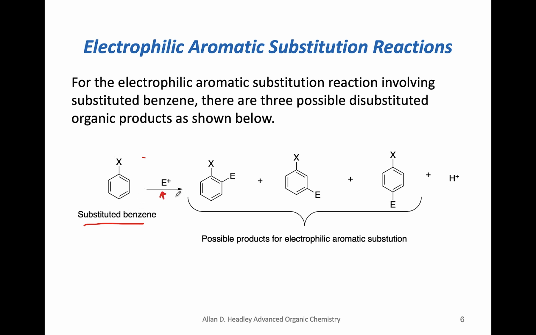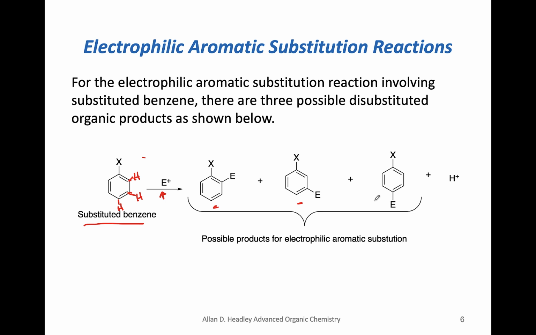In this case, however, it's not just one product as we saw before, but there are three possible products, because the electrophile can substitute for this hydrogen as shown here, for this hydrogen here, or for this hydrogen here, which gives 3 different products.